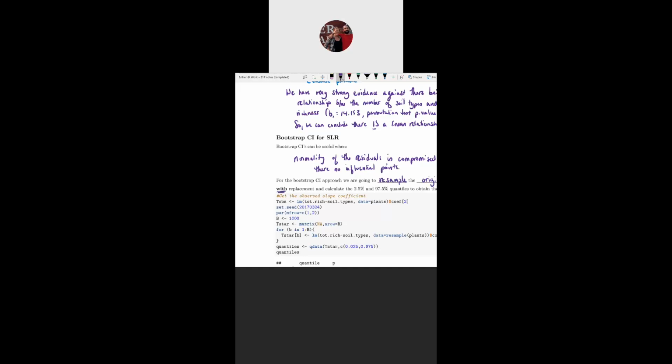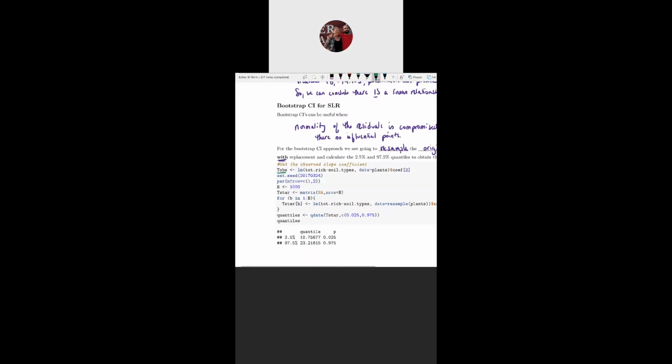All right, so code-wise, we're just assigning t-obs in this line here. And then we have our bootstrapping loop. That is all of this.